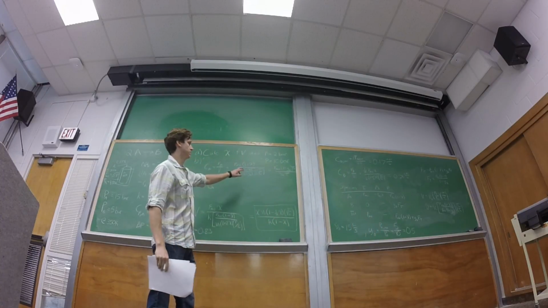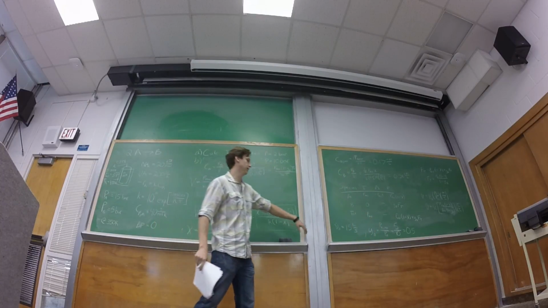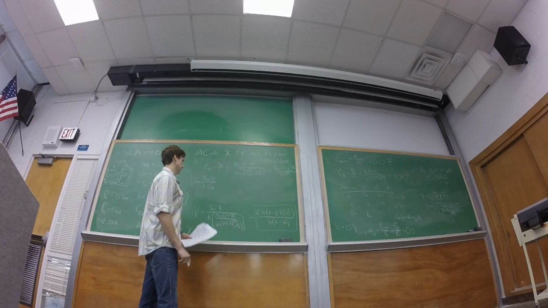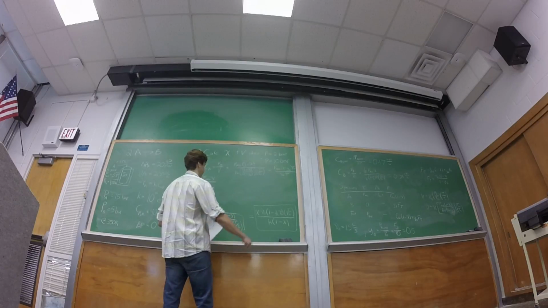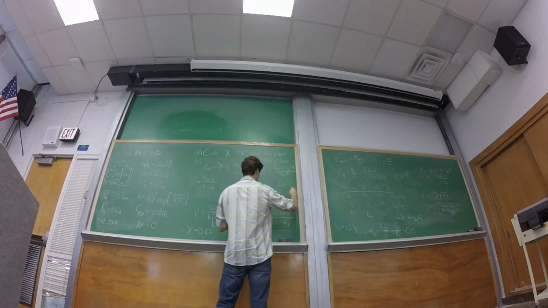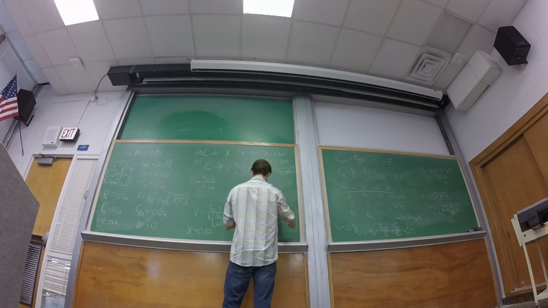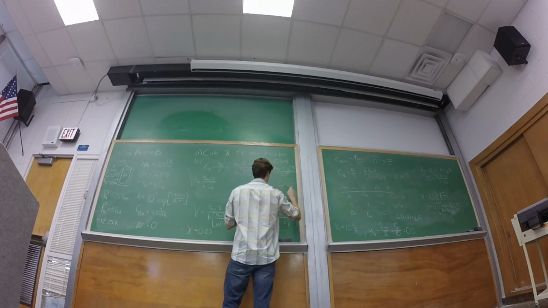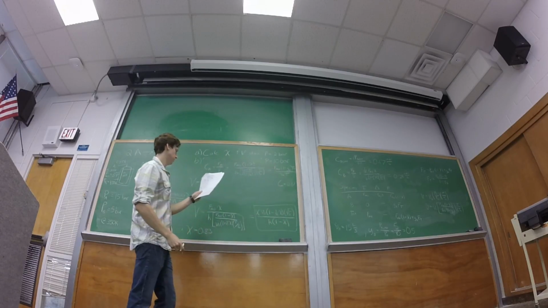You know FA naught still, and your V naught you can recalculate using the ideal gas law. You know your T is still 350. So this gives you a CA of 0.17 moles per liter.